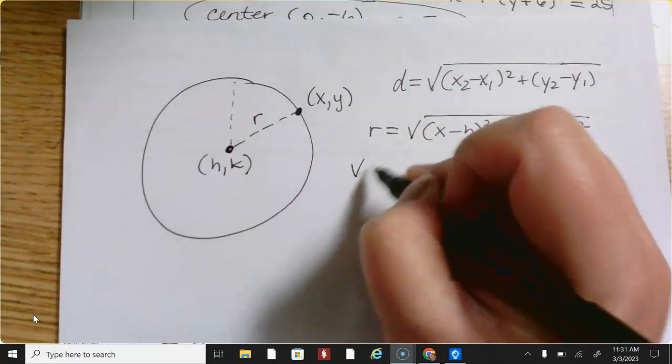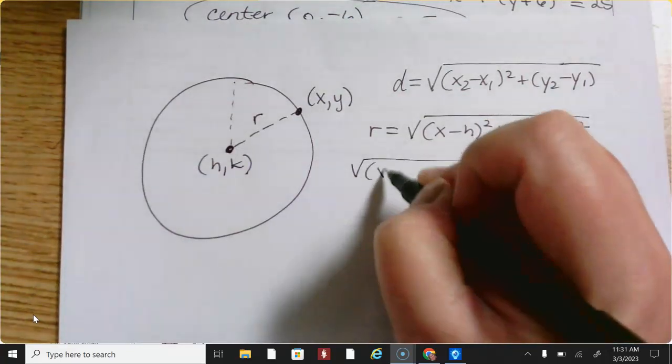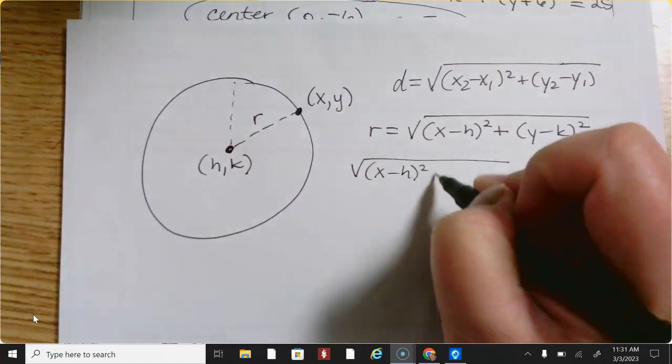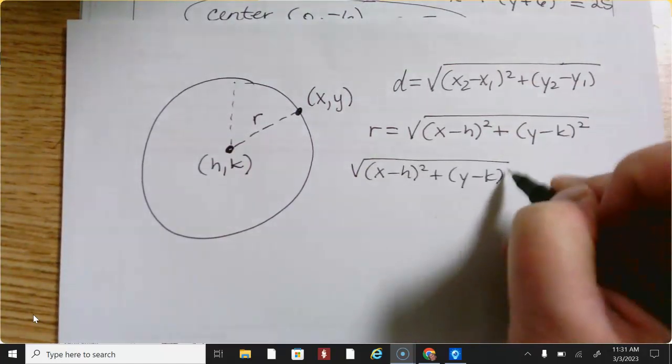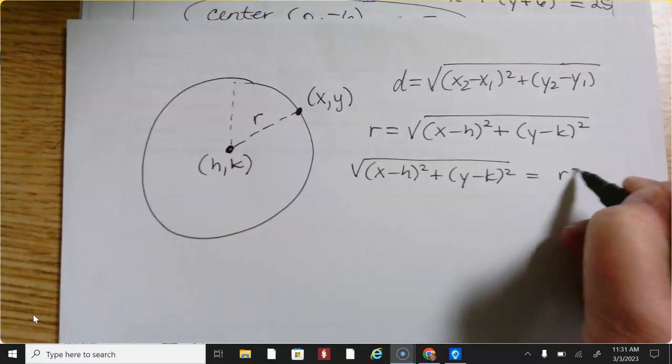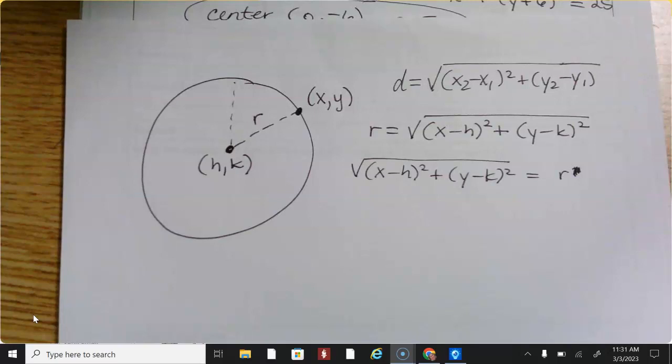I'm going to rewrite this in the opposite order just because the circle equation usually has R at the right. So let's put it there. Sorry, it's just plain R. I started to write R squared. That's coming soon though, right?